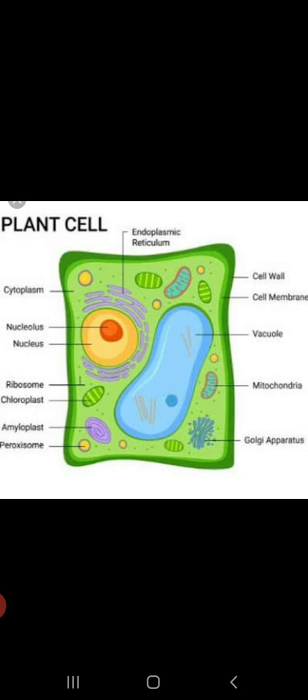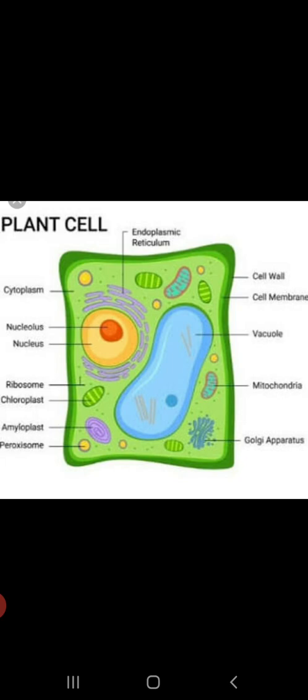As you can see, the large vacuole is present in the center of the plant cell and the nucleus lies in the peripheral region. So in your notebooks, you will draw this diagram. I'll include this diagram in the PDF as well that will be provided to you. Now we will go ahead and study the comparison between plant and animal cells.